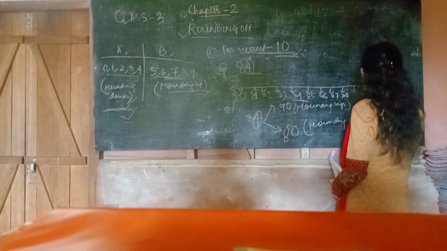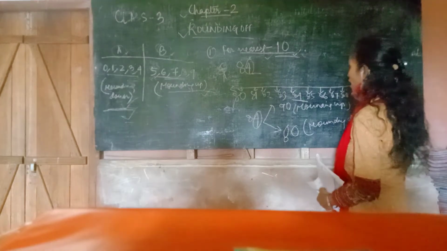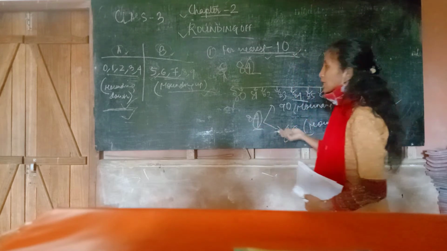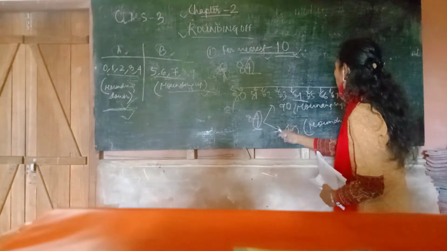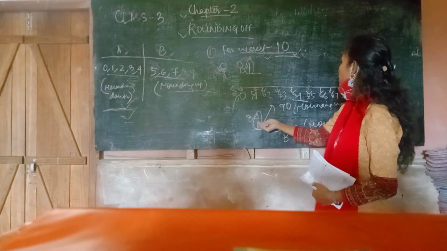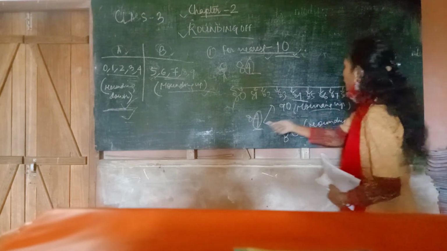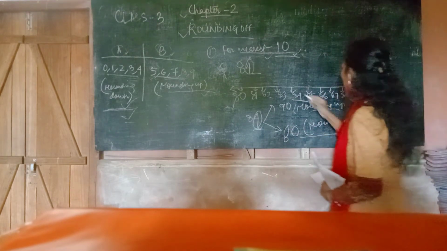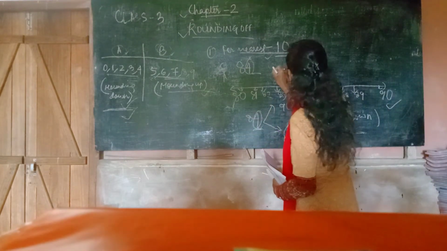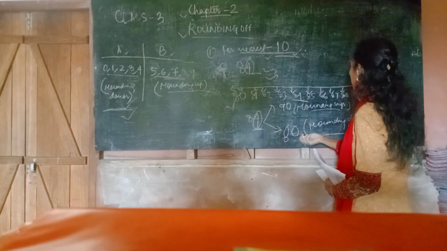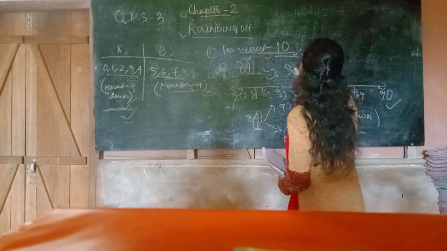So the digit is 4, means less than 5. So it will be rounding down. If it is 5 or more than 5, it will be rounding up. But here 4 means less than 5, so rounding down. So for 84, it will be rounding down, means 80.